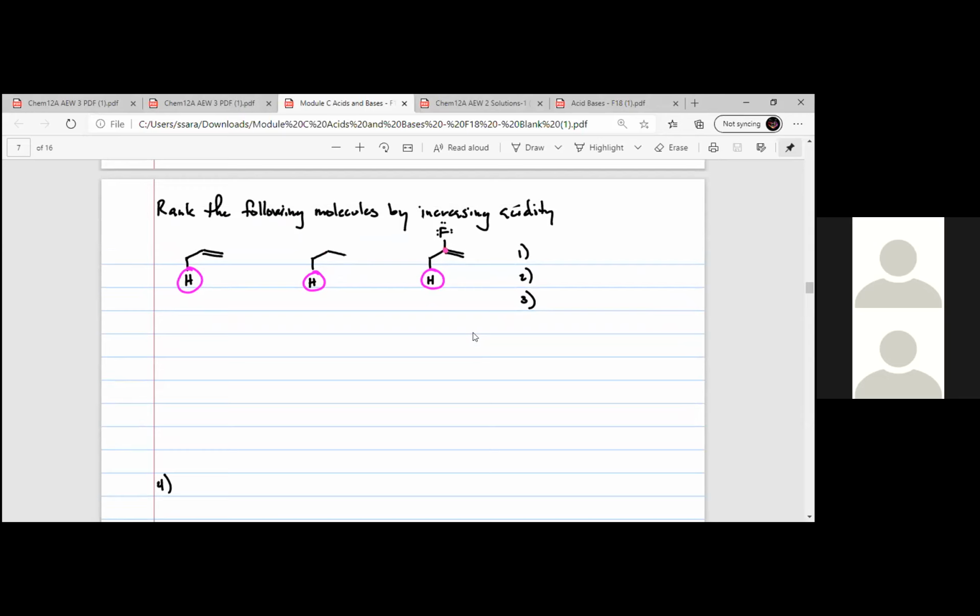That's why it's electron releasing. So think of it as this: inductive effect.